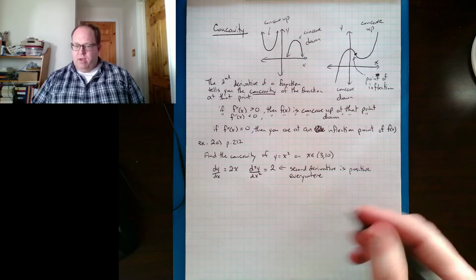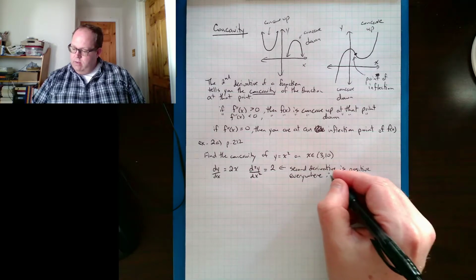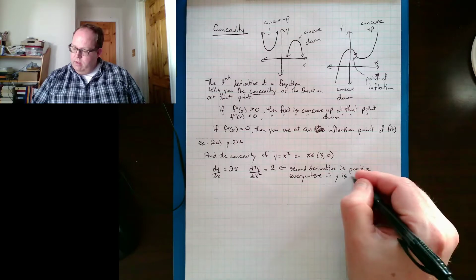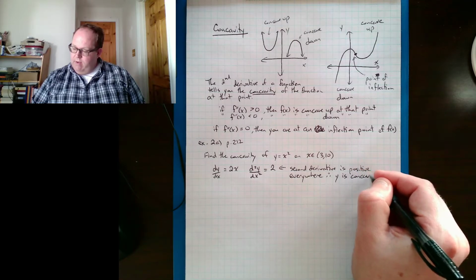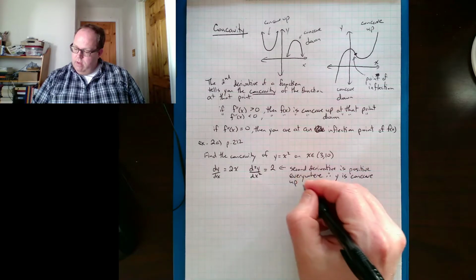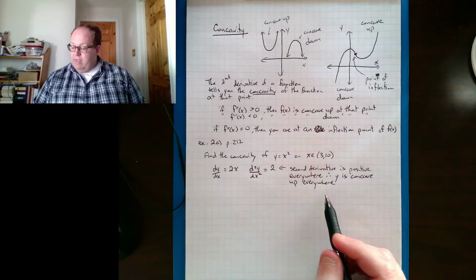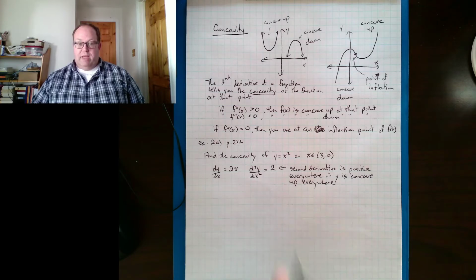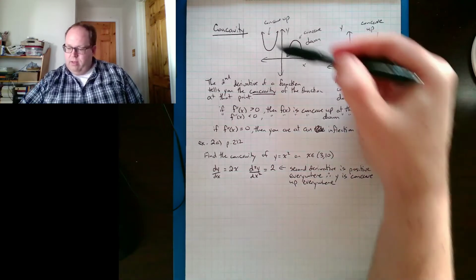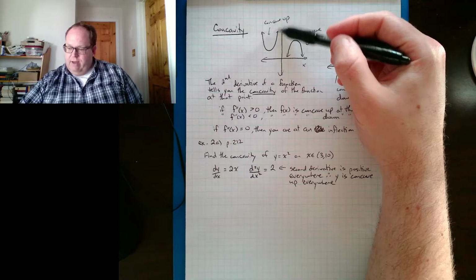So the second derivative is positive everywhere, therefore y is concave up everywhere. Which should make sense because y equals x squared is just a basic upward facing parabola, so it should be concave up everywhere.